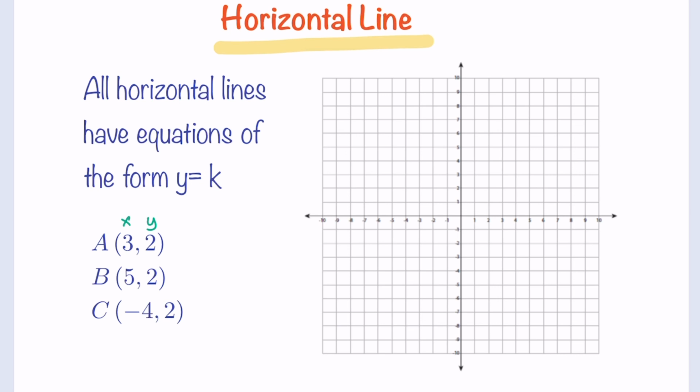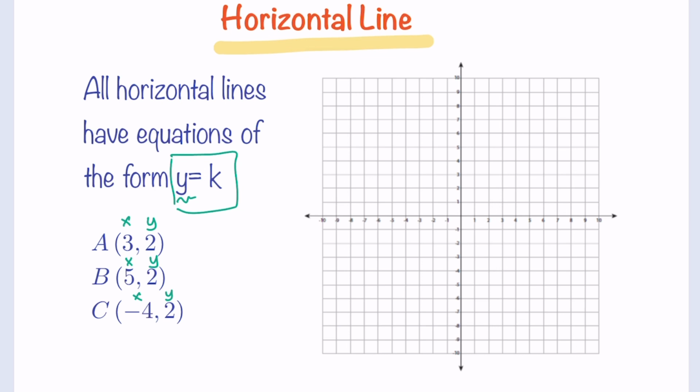For point B, my x coordinate is 5 and my y coordinate is 2. For point C, my x coordinate is -4 and my y coordinate is 2. So notice that all my y's equal 2 for points A, B, and C.